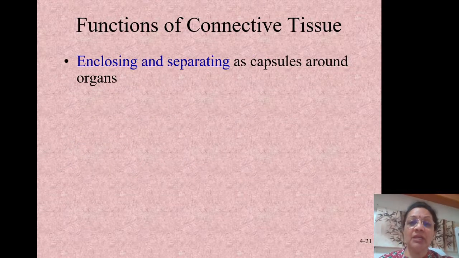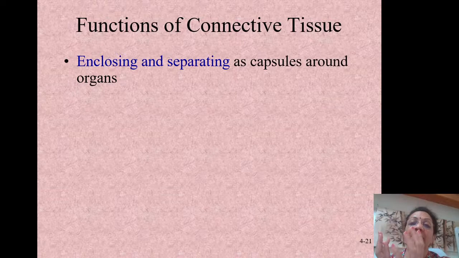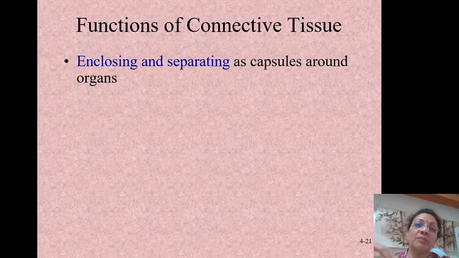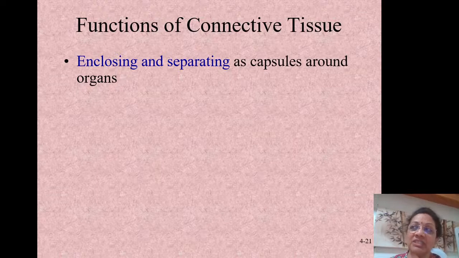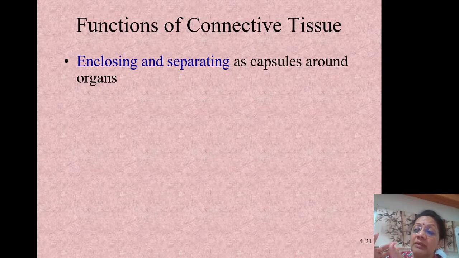These include enclosing either areas or a bunch of cells and therefore separating that bunch of cells from other things. So wrapping together a bunch of structurally or functionally related cells, cellular materials, is the job of connective tissue. Therefore, it defines that tissue's shape, its space, its interactions with other things.